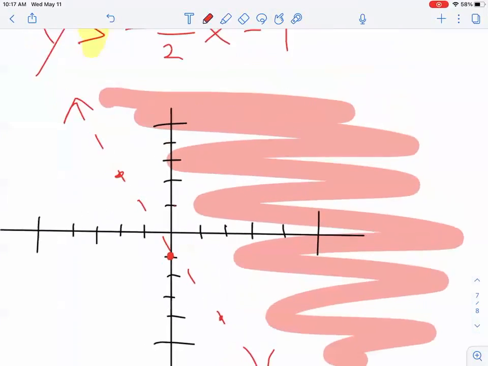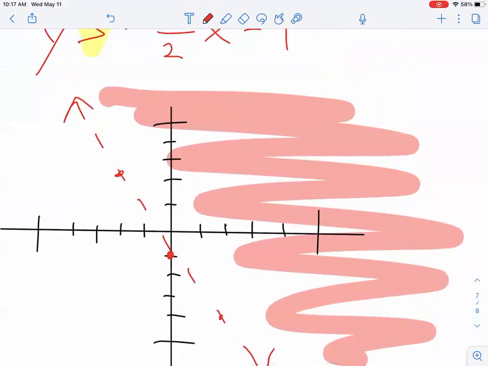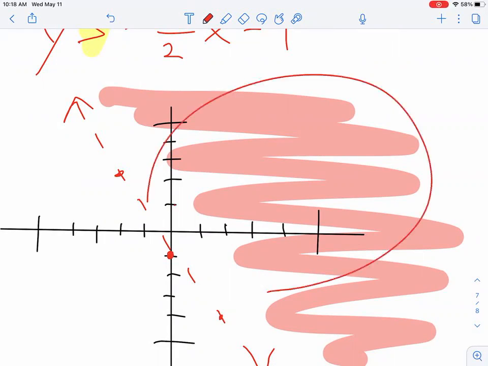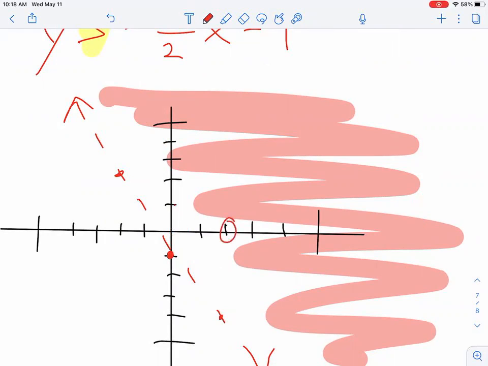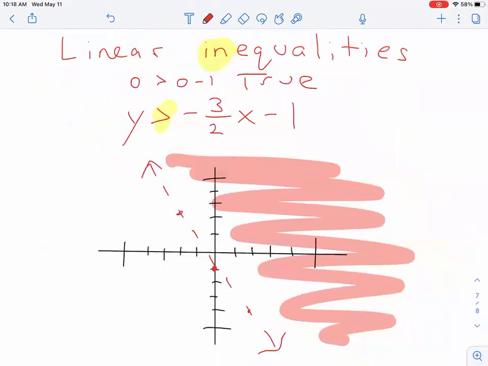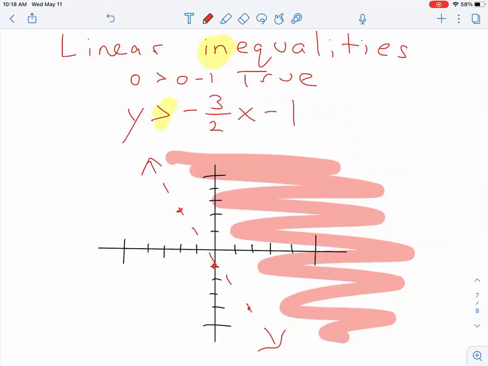Well, if the question is, why do we make x and y 0? We can pick any point we want on one side of the line. So I could pick any point on this top side of the line. I just chose 0, 0 because zeros are easy to work with. You could choose this point. Okay, you could use 2, 0. Any point you want, you pick and plug it into the equation.